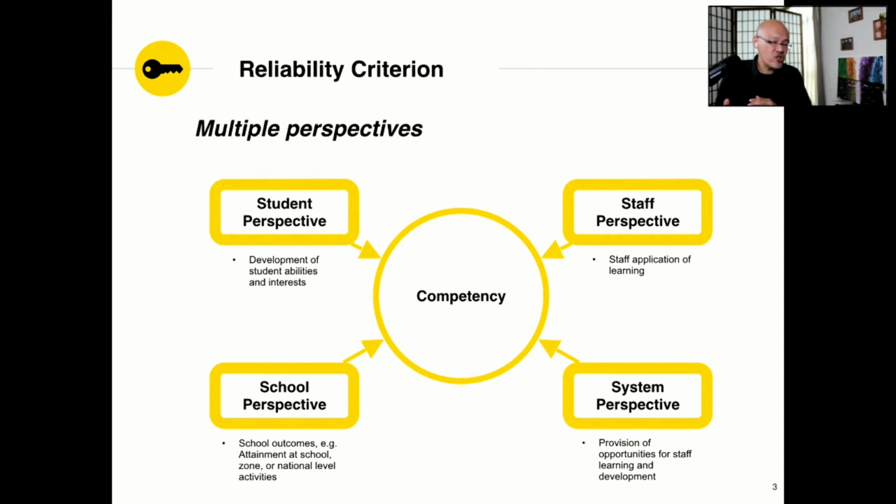The answer is no. What you want to do in your staff thrust is you just want to look at staff and system perspective. But what you also want to do is to make that link between your staff KPIs as well as linking it to the school KPI as well as the students' KPI.